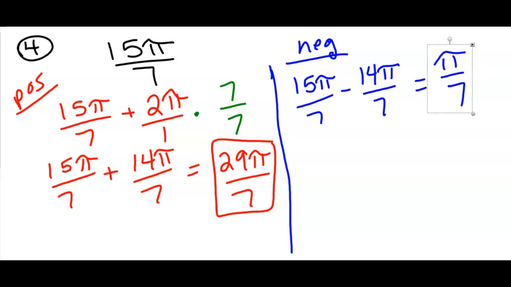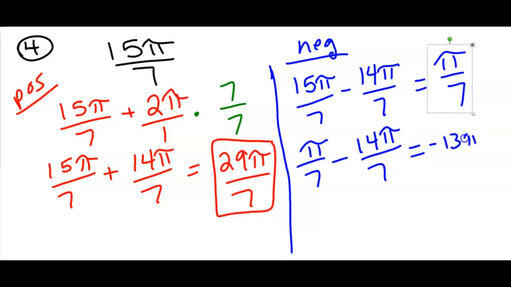What I ended up with was a positive angle. Well, I'm looking for a negative coterminal angle. So you're just going to have to subtract another rotation. So you're going to take the pi over 7 now, subtract another rotation, which is 14 pi over 7, and now we're at negative 13 pi over 7. So that's going to be my final answer.